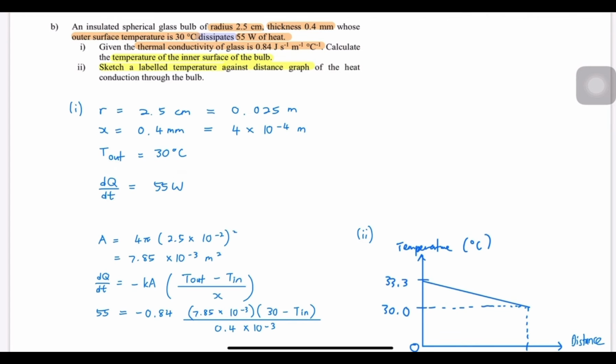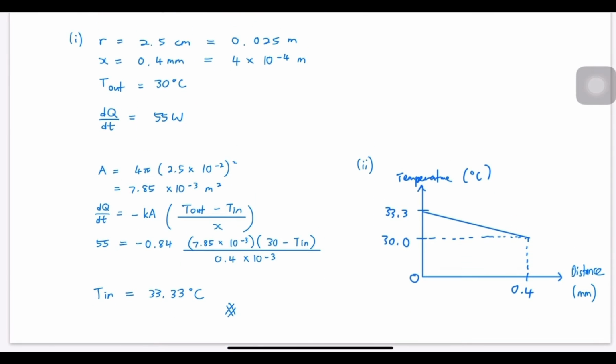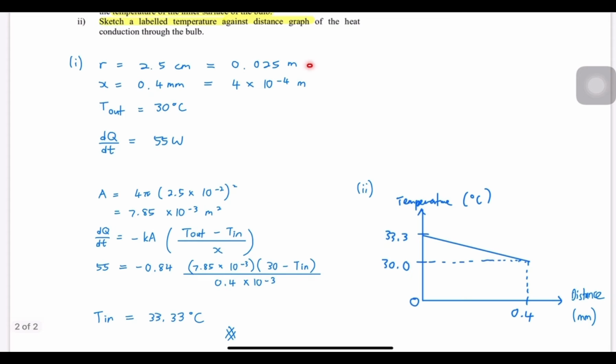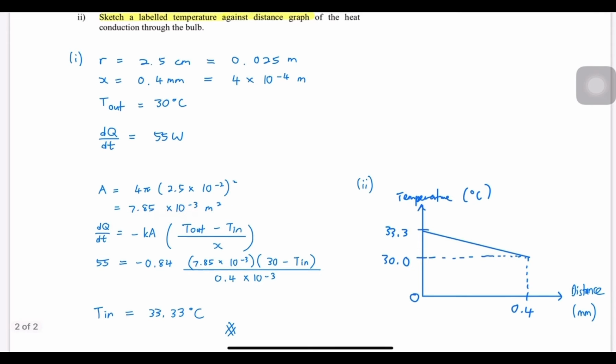The outer surface temperature is 30 degrees Celsius, while the rate of heat energy, which we use dQ over dt as the symbol, is 55 watts. The formula of the area of a sphere is 4 pi r squared. So we insert the radius, then we will get the area of the sphere is 7.85 times 10 to the power of negative 3 meters squared.